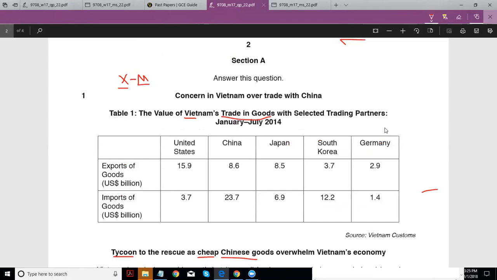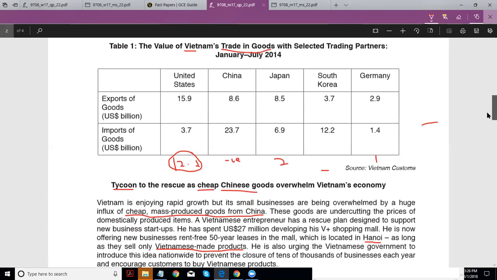So you just calculate with which country Vietnam has the highest surplus. You calculate through exports minus imports. So here, 15.9 minus 3.7 is 12.2. Here it's coming out negative, so you can just ignore this, because if Vietnam is in deficit here, then the other country would be in a surplus. Here it will be something like 2 or 1 point something, it's not that much. Here the value is negative, and here also it's something like 1 point something. So clearly the largest surplus Vietnam has is with the US. Ergo the US must have the largest deficit with Vietnam.